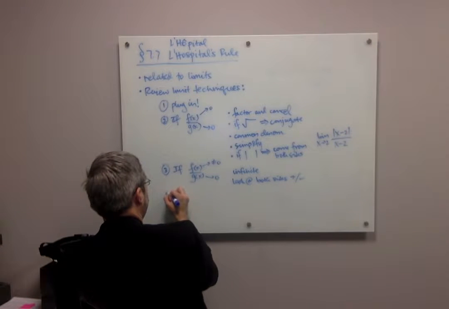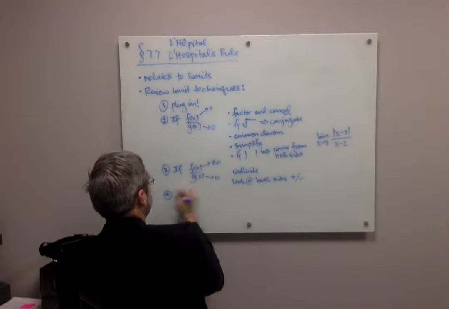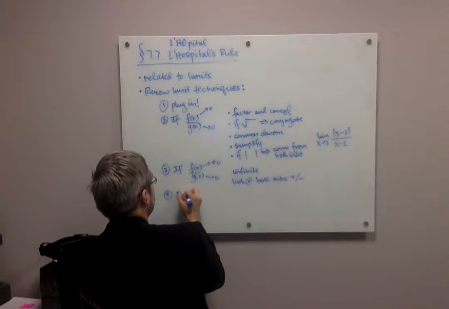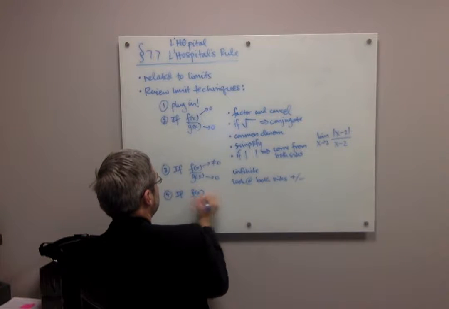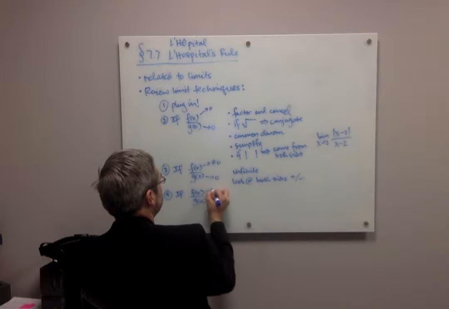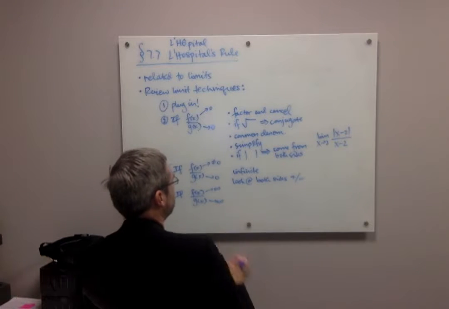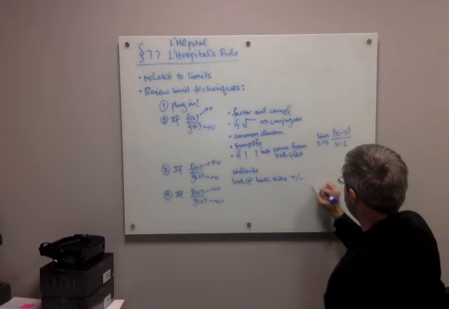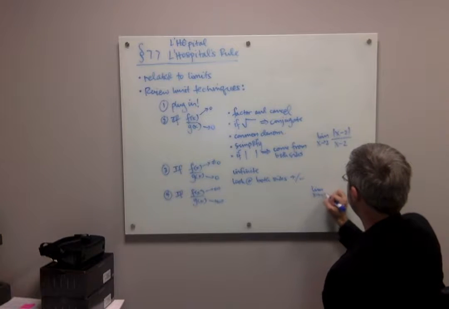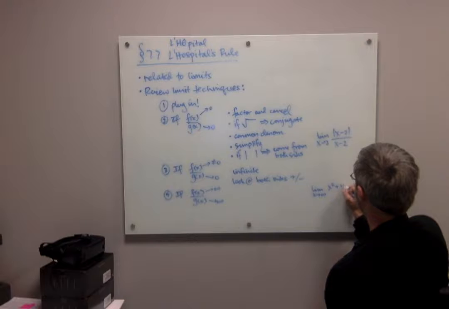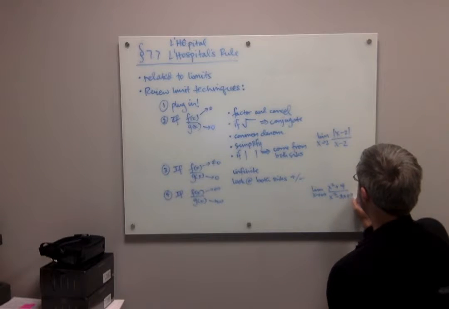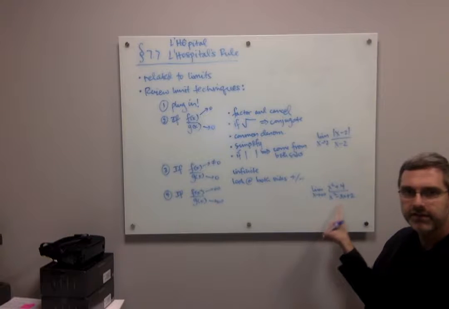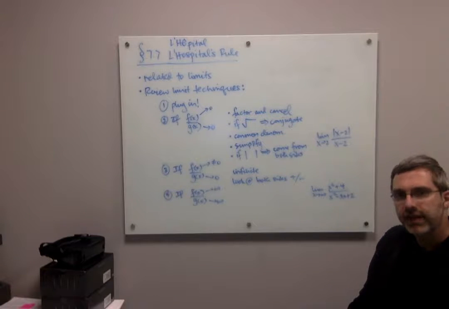Another one that we had, this showed up later when we're looking at infinite limits. When we're looking at a polynomial over a polynomial. So, for example, if we're looking at the limit as x goes to infinity of x squared plus 4 over x squared minus 3x plus 2, problem like this. Do you remember how we solved that kind of problem?